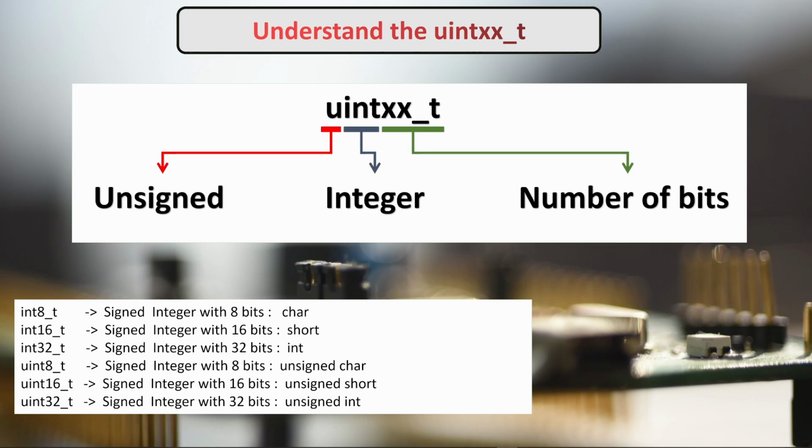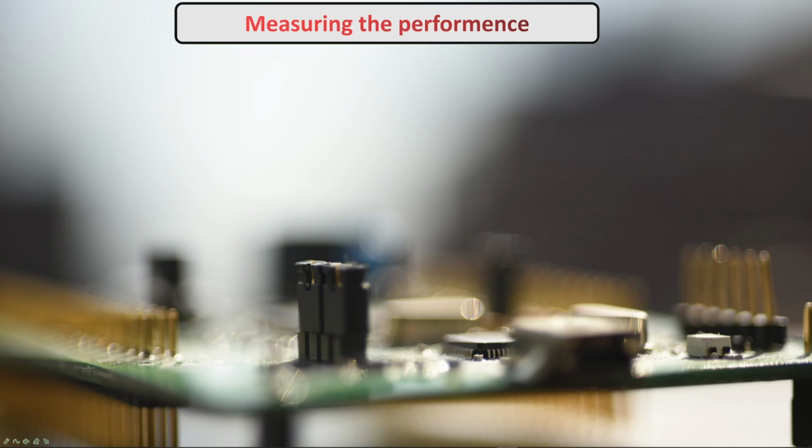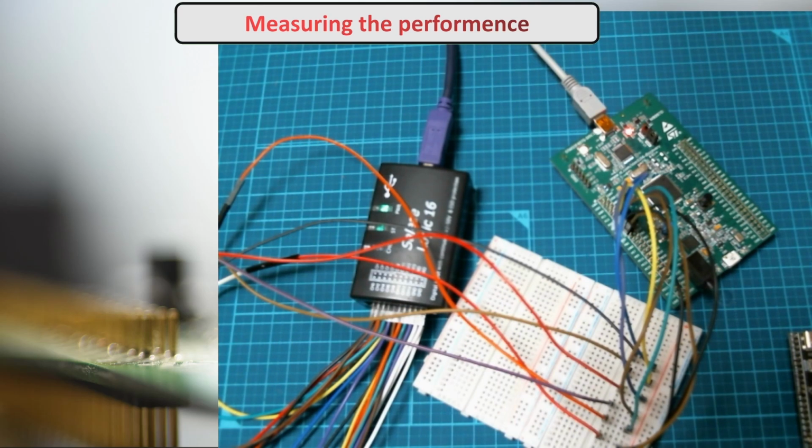Okay, that is how we understand this int and uint, because many people sometimes get confused with this writing, and it's just the declaration of the variable. Then let's go to the most exciting part of this program, which is measuring the performance and how we are going to do so. Let me go back quickly to the picture in the video.